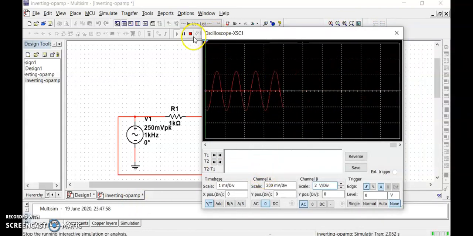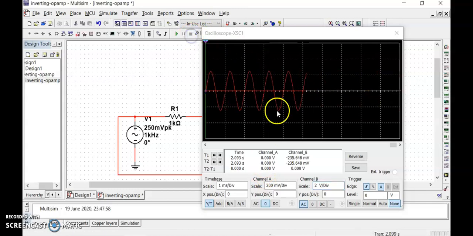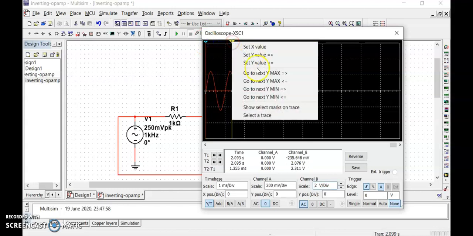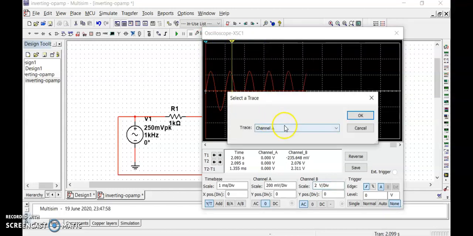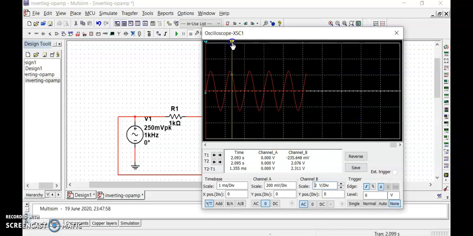For that, I'm going to stop this one and calculate the output voltage value. Select the trace and set this trace to channel B. Now channel B output voltage value is 4.9 volts, that is around 5 volts.